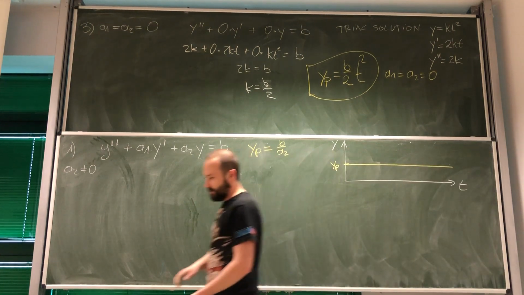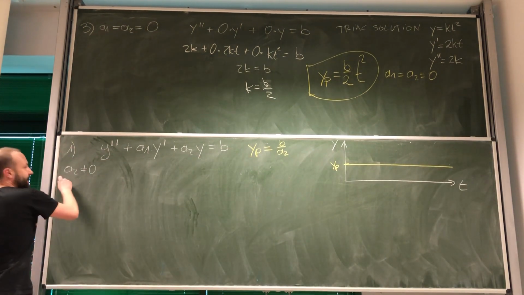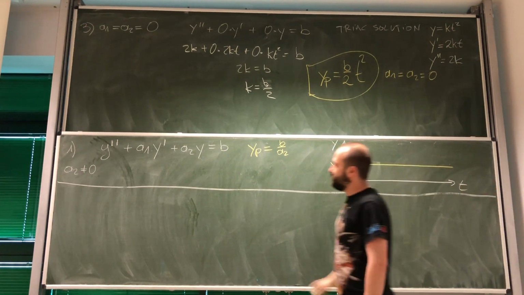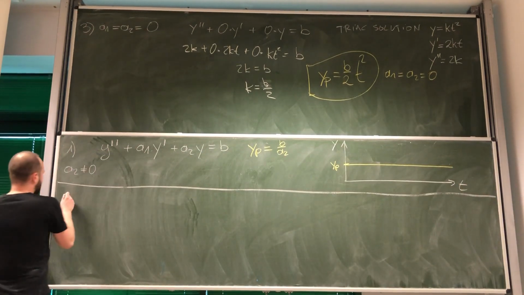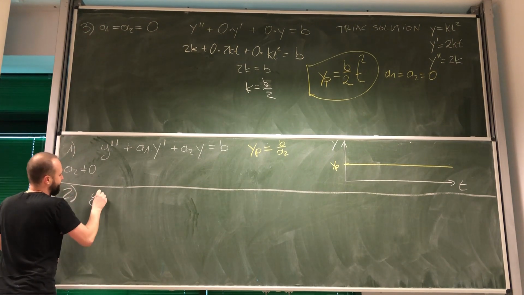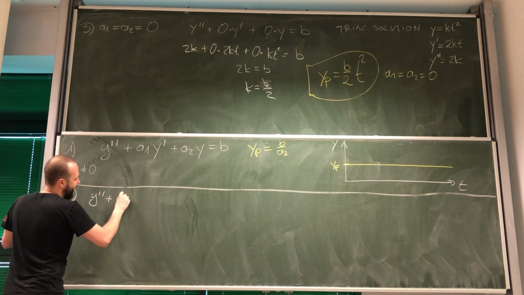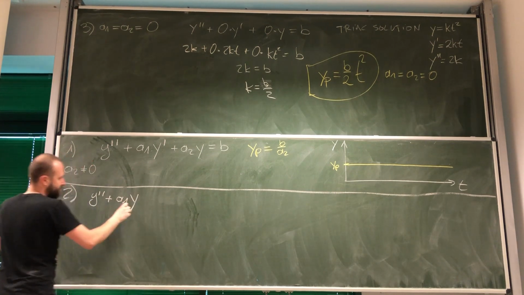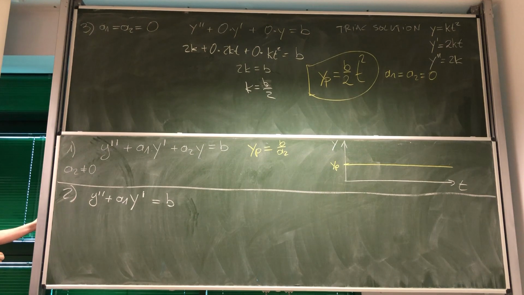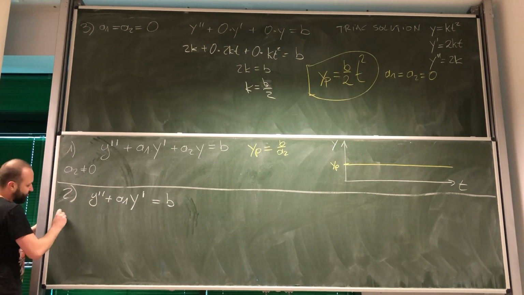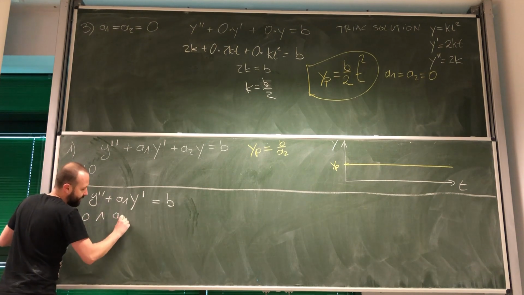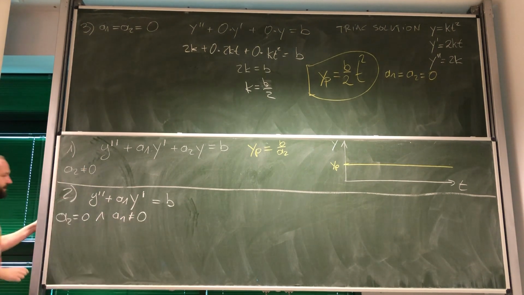Okay, then we've got case number 2. In case number 2, we've got an equation that looked like this: y bis plus a1 y prime equals b. So look, here we've got a case where a2 is equal to 0 and a1 is different than 0.